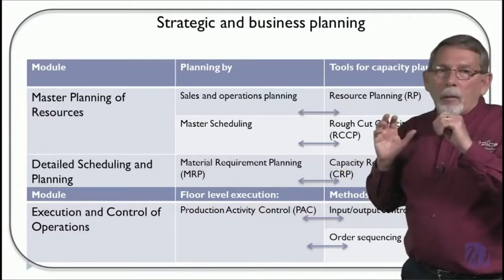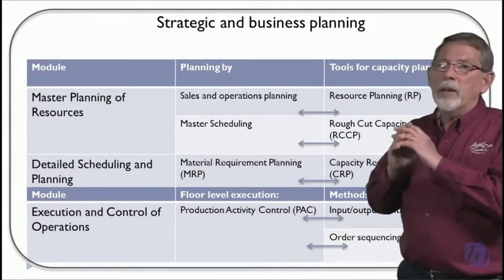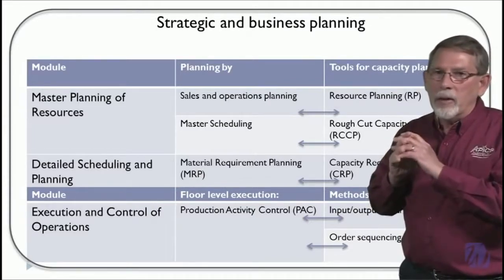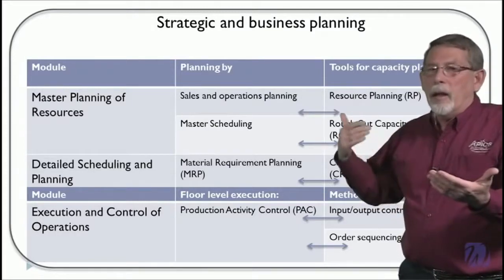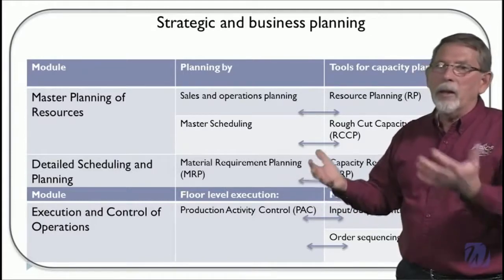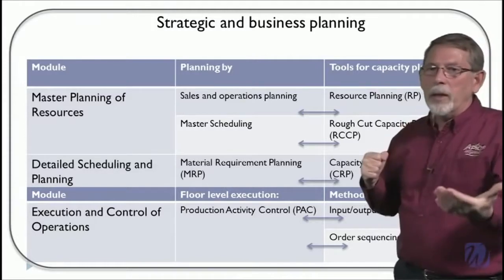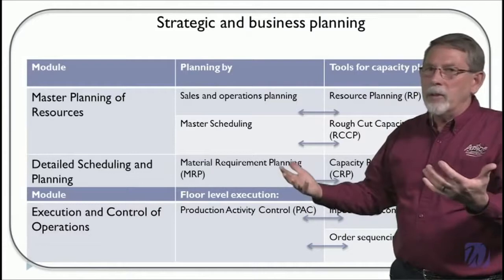Master planning of resources studies the process of sales and operations planning. Sales and operations planning starts with a marketing plan, compares that to what we can do, our capacity, our operations plan, marries the two together, and makes sure that the sales plan is such that operations can actually do that.